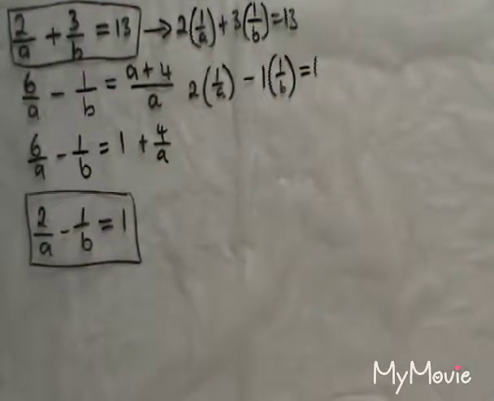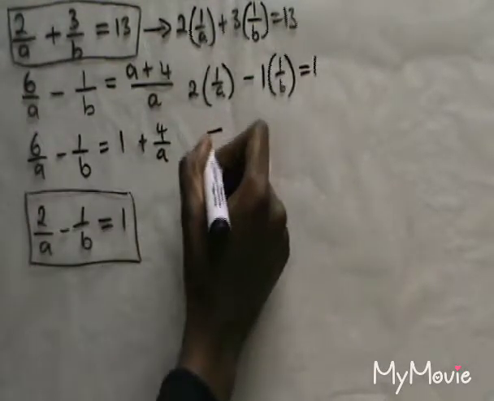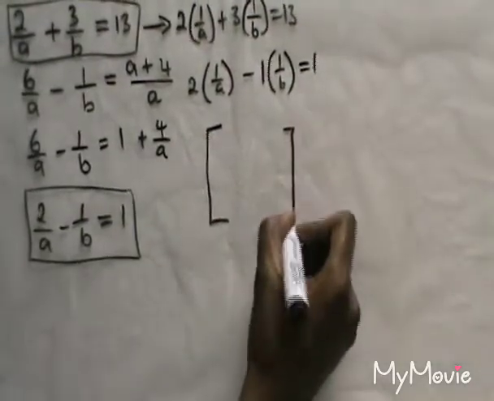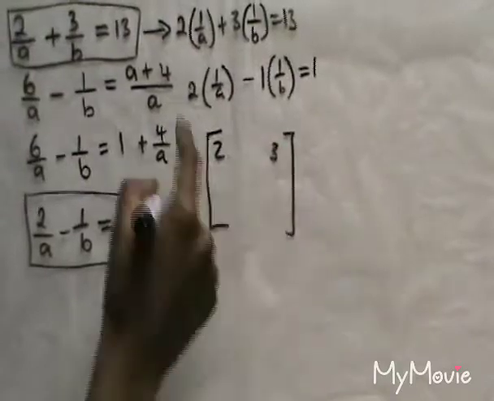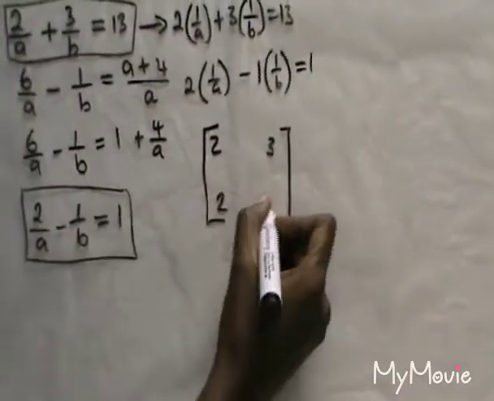Now remember, in matrix form, I have a matrix of my coefficients. So it's 2, 3, 2 again, and then minus 1.